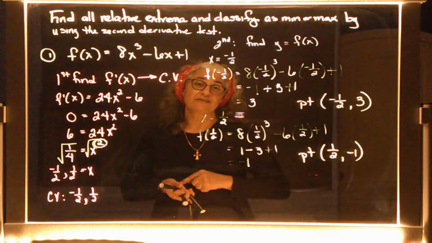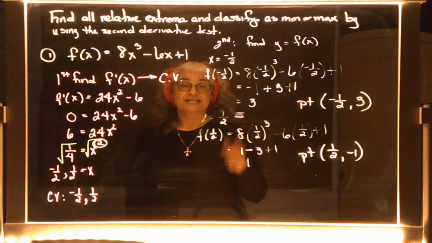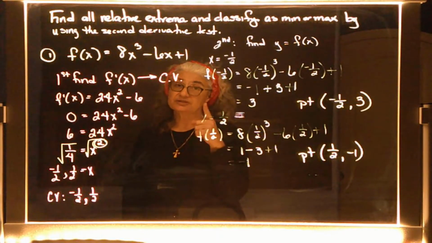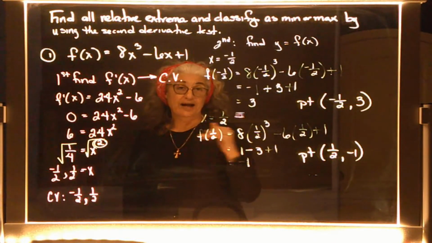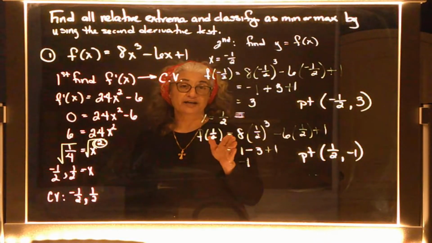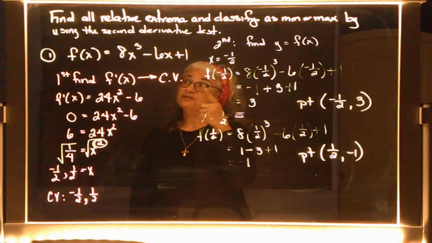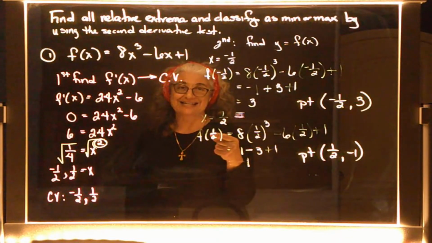Okay, and now we've got to figure out if these are relative mins or maxes. Now, in a previous lecture, we would start graphing and finding where it increased and decreased, correct? These directions say, though, they'd like you to use the second derivative test instead.